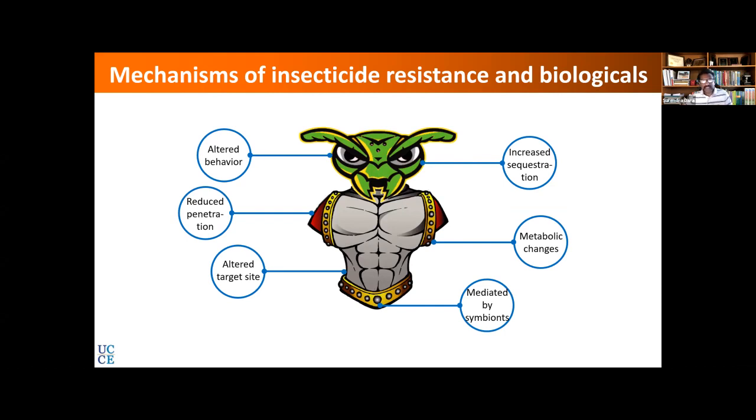And sometimes having symbiotic microbes in their gut also imparts resistance. And this is the case with both the synthetic pesticides and some biopesticides. So it is important to remember not to overuse anything.